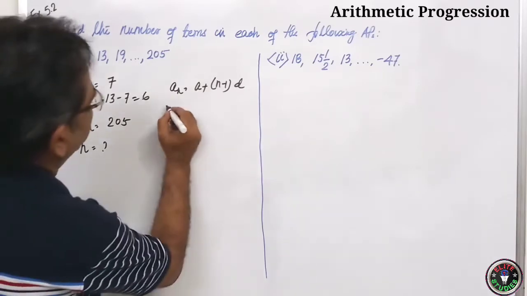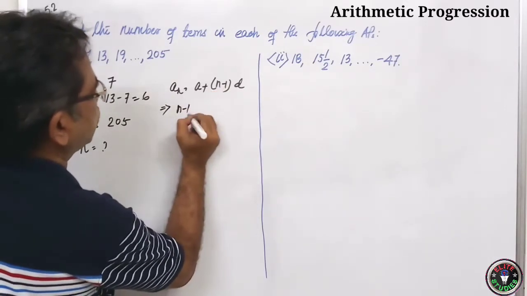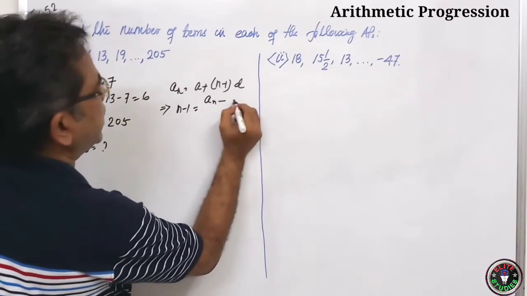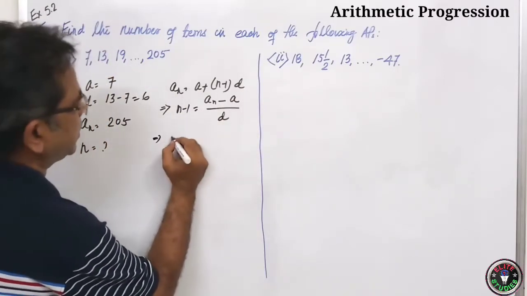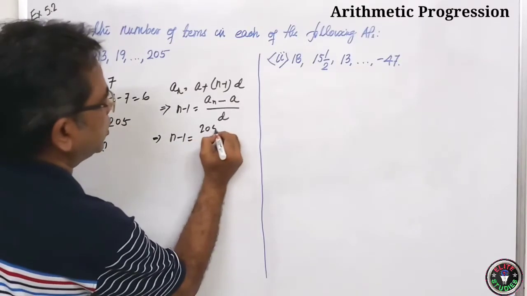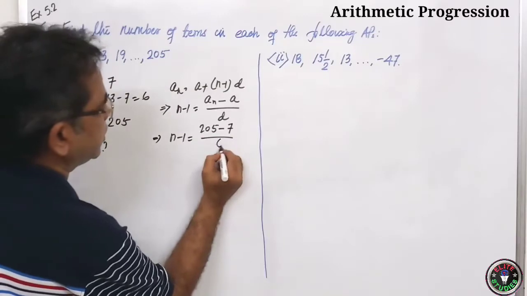So it implies n minus 1 is equal to an minus a by d. So n minus 1 is equal to 205 minus 7, where a is 7 and d is 6.